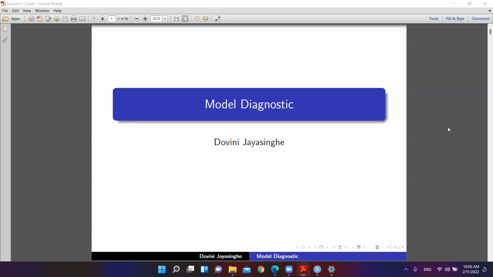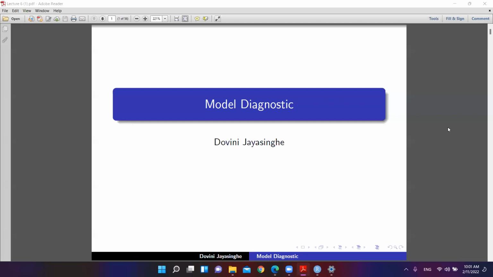Okay, so model diagnostic. Why do we really need model diagnostic in regression analysis? At the very first place, when we are learning regression analysis, we came across a couple of model assumptions. To make a regression valid, it should meet a couple of assumptions.